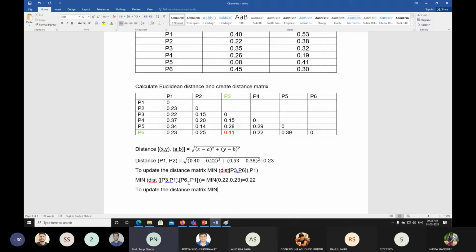Again, you have to compute the mean of distance P3 P6 comma P2, that is equivalent to the mean of distance P3 P2 comma P6.